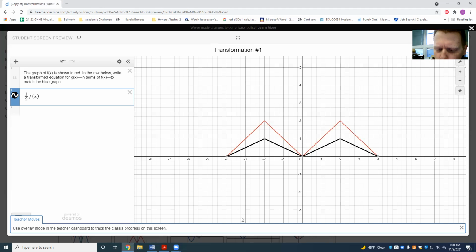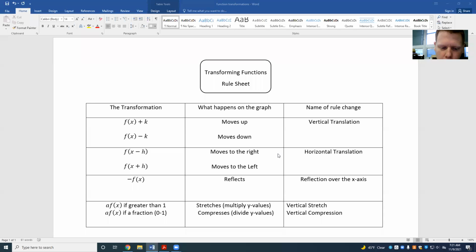So let's look at our rule sheet. This is probably the trickiest rule because it depends on what number you have. Basically, if you see a number multiplied in front, that's going to change the y values of your function. It's going to stretch it out or shrink it down. If you want to write in this final row: if your a value is bigger than 1, like 2, 3, 4, 5, 6, it stretches and you just multiply your y values, and that's called a vertical stretch.